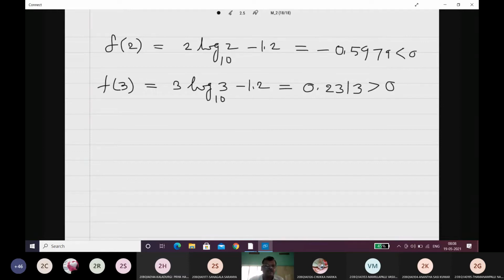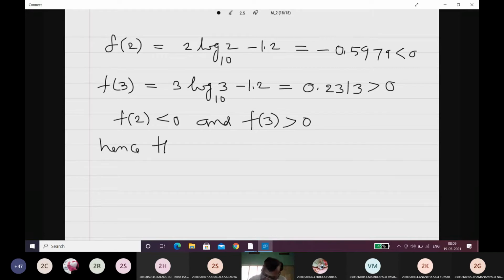Therefore, the root lies between 2 and 3. Hence, f of 2 is negative and f of 3 is positive. Hence, the root lies between 2 and 3.